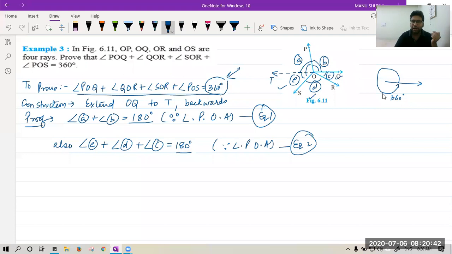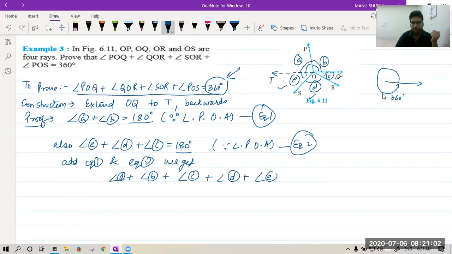Let's try. Add equation 1 and equation 2. We get angle A plus angle B, let me do a circle also, plus angle C plus angle D plus angle E is equal to 180 degrees plus 180 degrees.